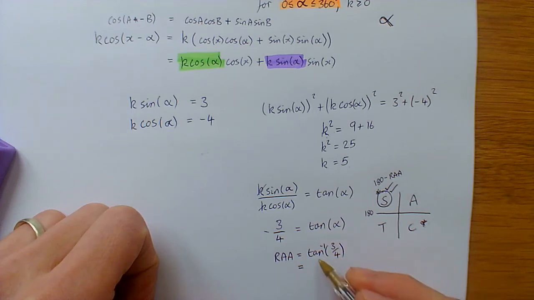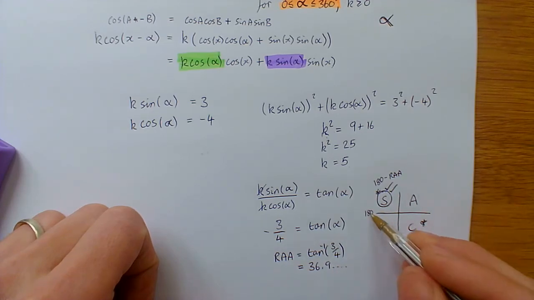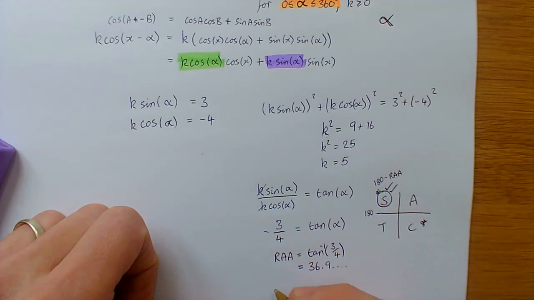So our relative acute angle is tan to the minus 1 of 3 over 4. And if you put that into your calculator, you get 36.9 with more digits. And we want 180 take away that angle.